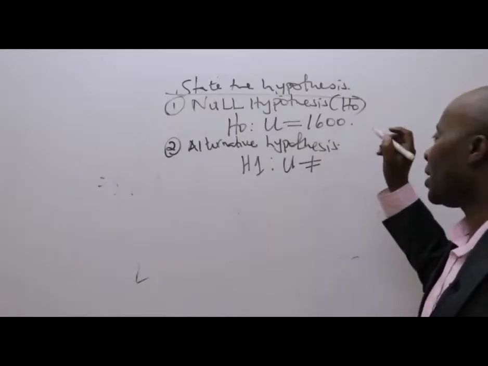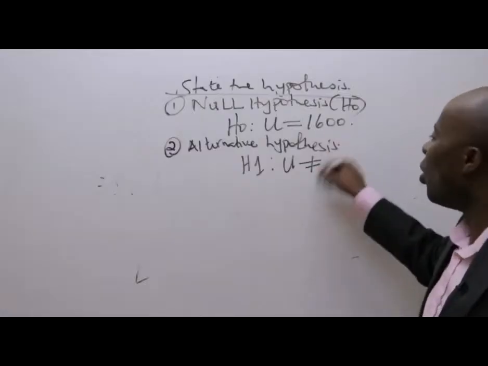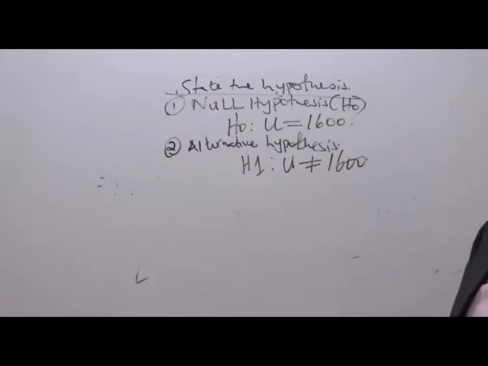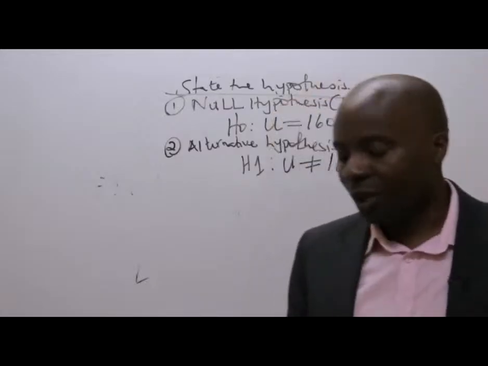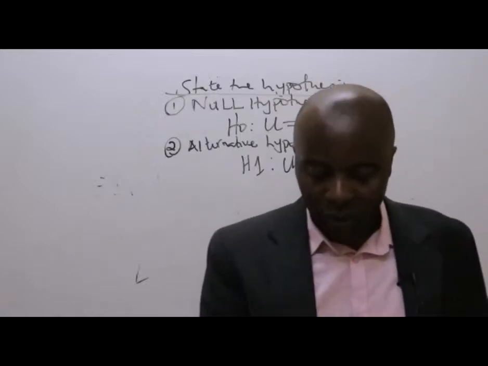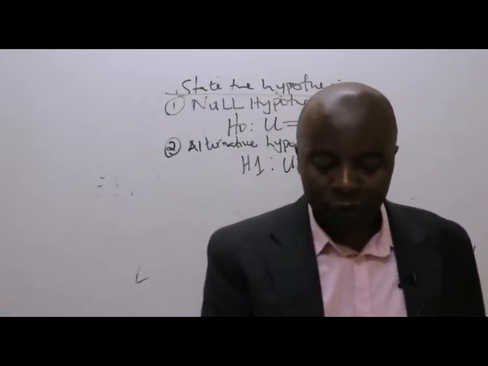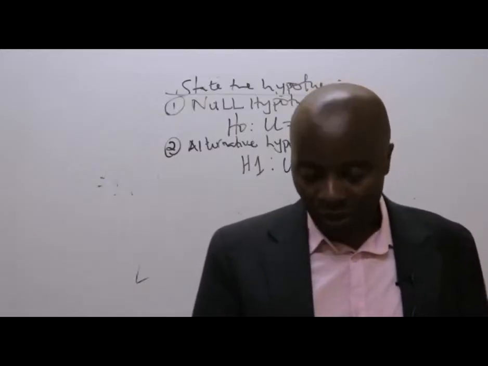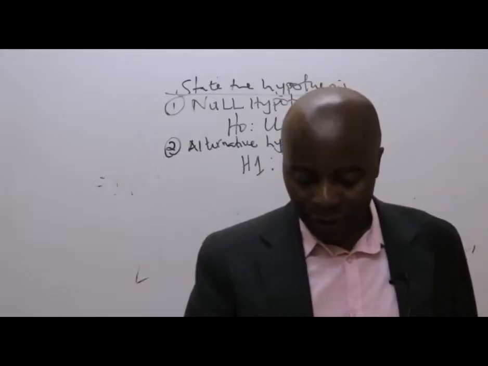So in this case, our population mean is not equal to 1600. Ladies and gentlemen, if that is the case, I would want us first of all to define what a null hypothesis is and what our alternative hypothesis is.